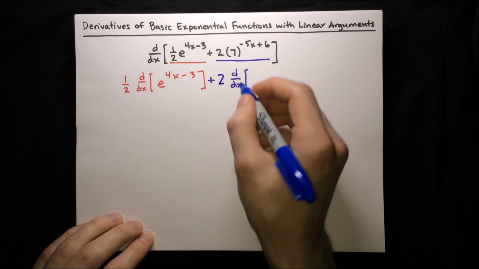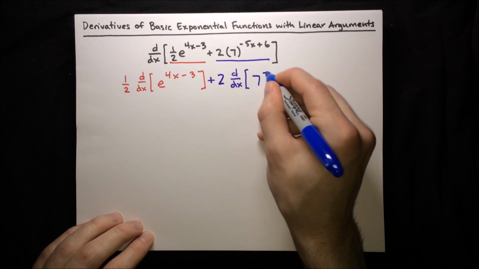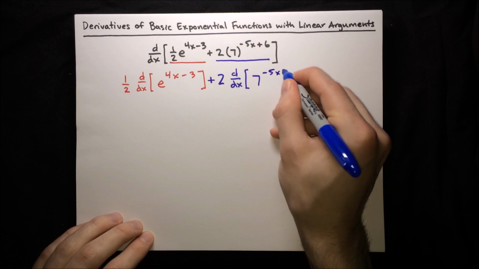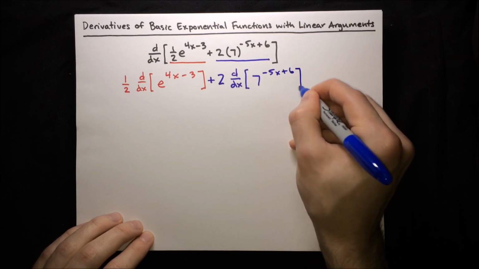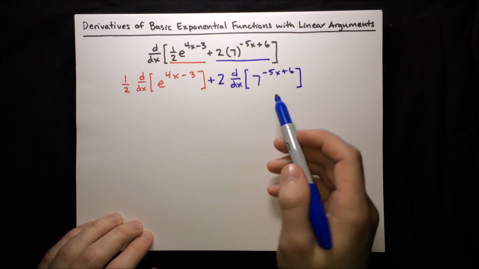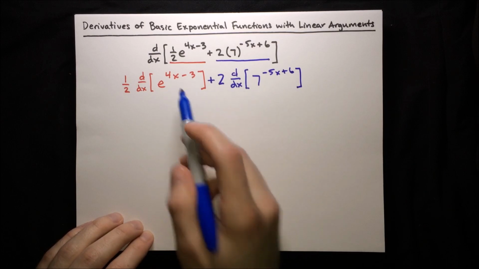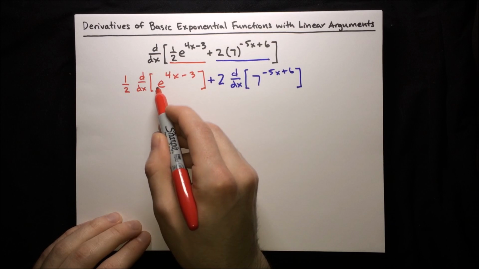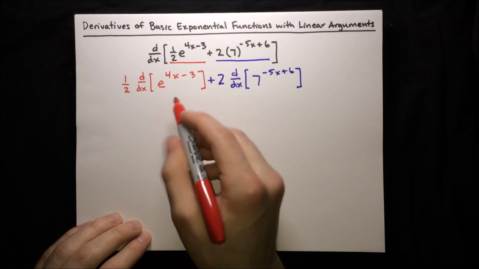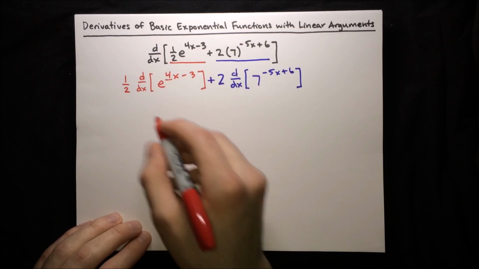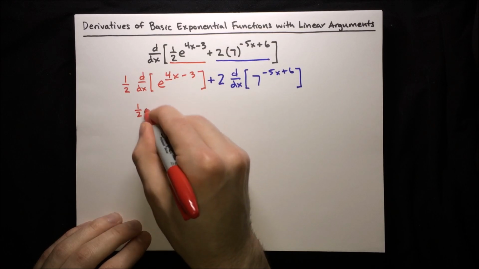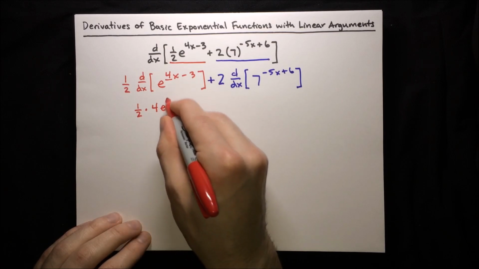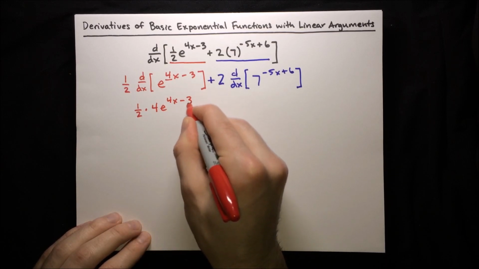So plus 2 times the derivative of 7 to the negative 5x plus 6. All right, so now we're good to go ahead and apply our rules here. So for this expression, for the base e, we just move this 4 out in front. So that's just a half times 4e to the 4x minus 3.